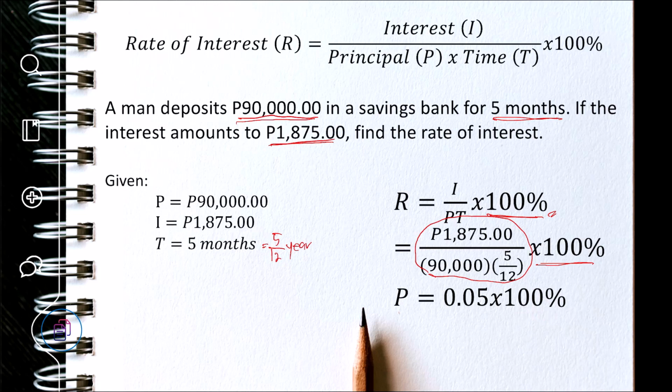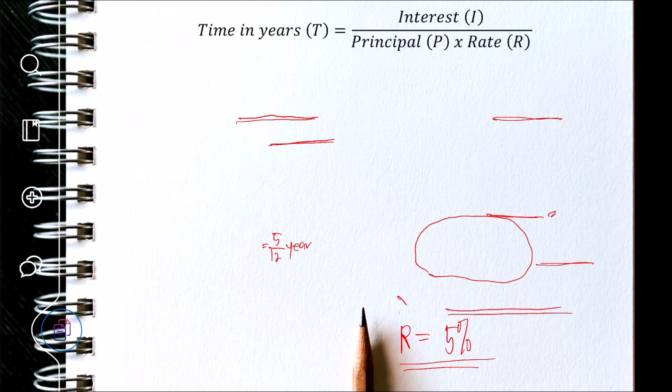Then, times 100%, that is 5%. Ayan po. The rate is 5%. Then that is the rate na hinahanap po natin.